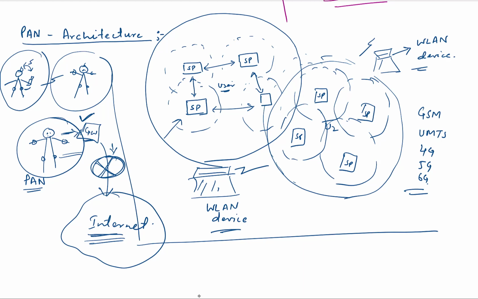We can say that wireless PAN is a communication network for a single user, or it can be between persons, or between the person and the outside world.